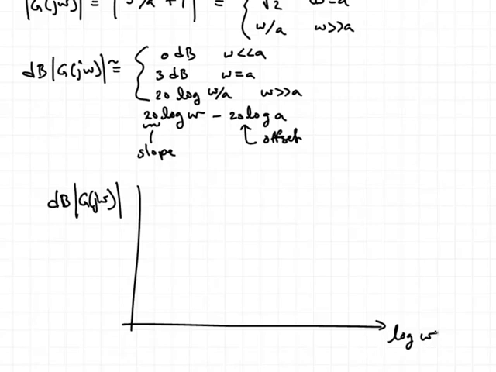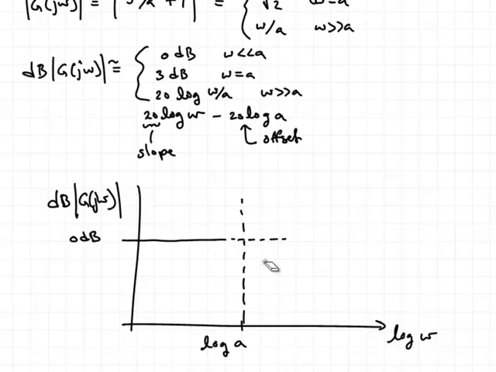Then we would have this. Let's draw a on here. Much less than the log of a, we would have something that's flat and at 0 dB. And then when we're much greater than a, we have this slope of minus 20.